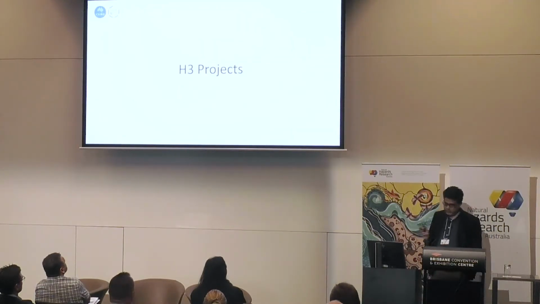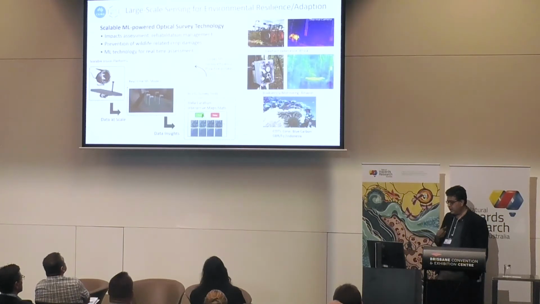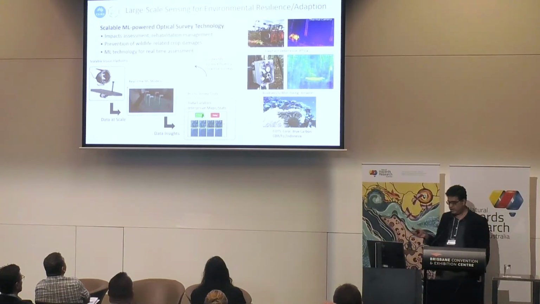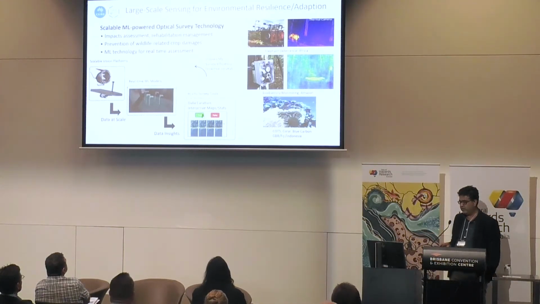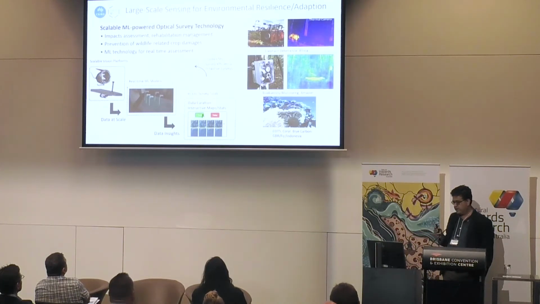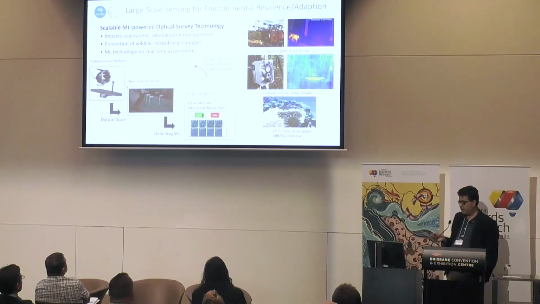So, quickly going through some examples of the different types of projects that we work on. This is similar to the sorts of things that Leigh was talking about. We do a lot of work in fairly large-scale sensing for environmental resilience and adaptation. This is focused on things like impact assessment for rehabilitation and management, looking at crop damage, real-time assessment, and so on.